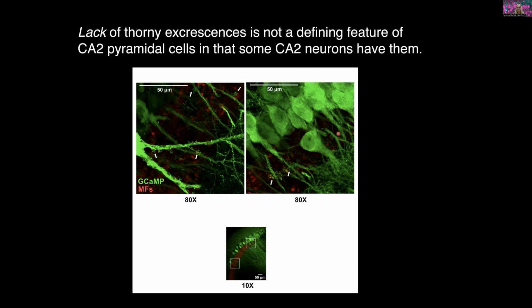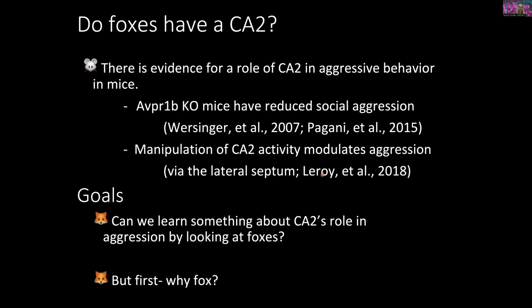For the most part, these cells are lacking the thorny excrescences, but they're there. And I do remember Rebecca mentioning this to me at the Hippocampus meeting probably four years ago or so, that they saw thorny excrescences in CA2, and I'm like, oh, that's ridiculous. But we saw that ourselves. It was not something we set out to see. Okay, so that's mice.